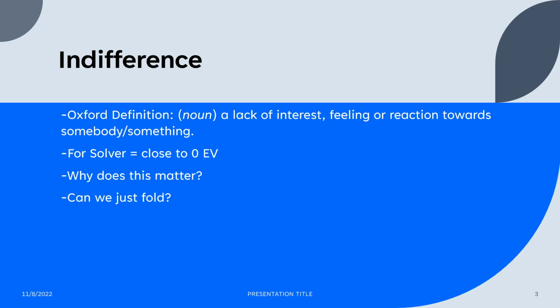I do agree with the exploitative crowd, so to speak, that these zero EV indifferent hands don't actually need to be balanced. But we will go into that when we go into the actual hand, because you'll be able to see more clearly what I'm talking about.